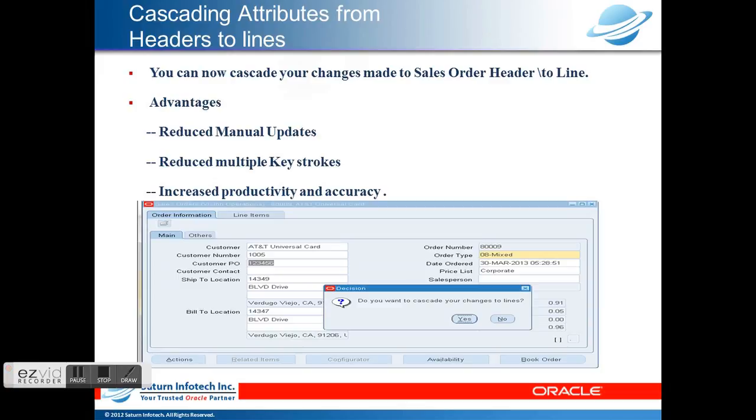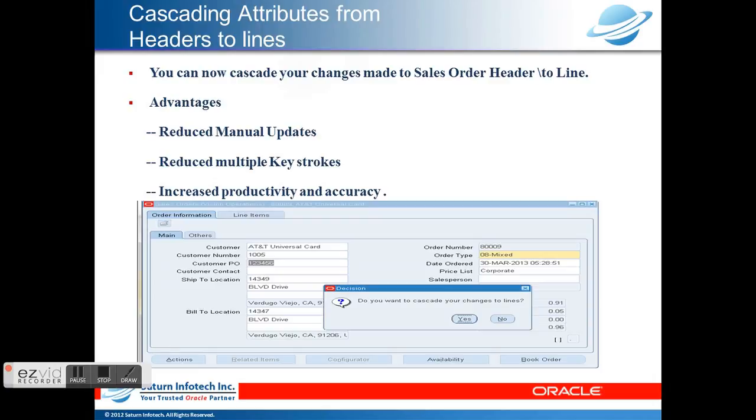Basically, it is helping reduce manual updates, reduce multiple keystrokes, and it has improved productivity and accuracy. If you see the screen here, if we are changing the customer PO number on the header level, then the system is asking for a decision, saying, do you want to cascade your changes to lines? Based on our answer, the system is going to make changes to the line or not.